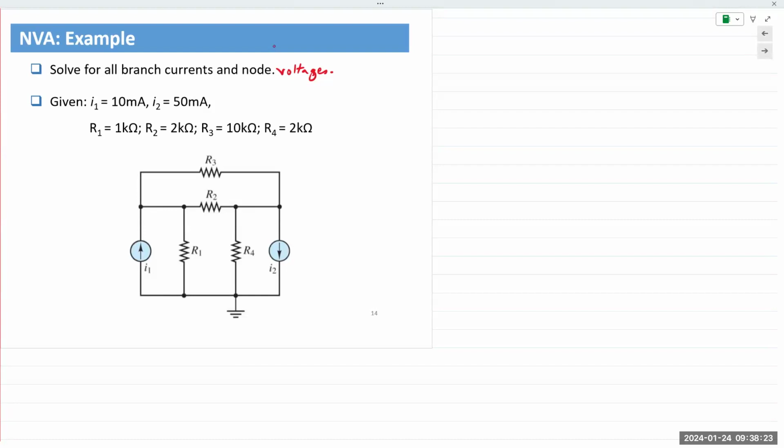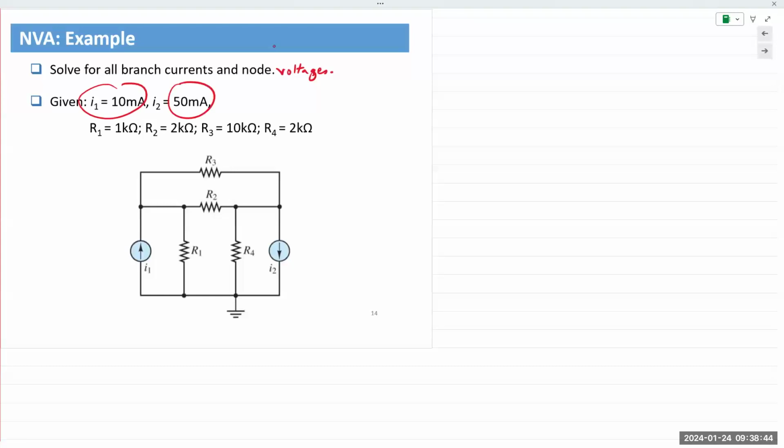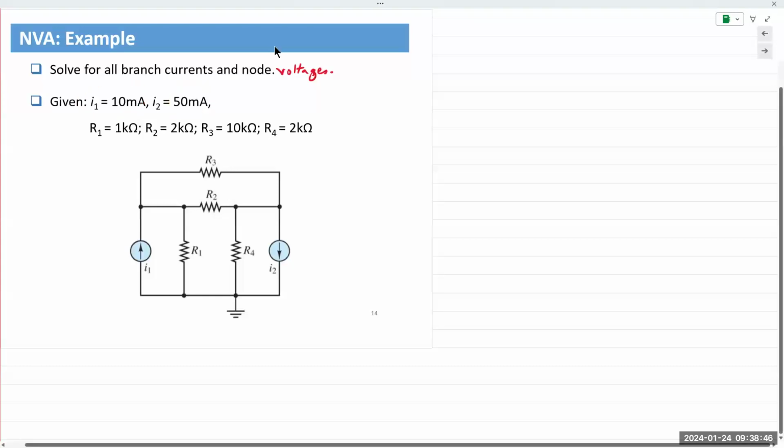You have two current sources in there, no voltage sources. Makes things easier actually, because we're writing KCL equations. So if we have current values in there, we already are halfway there, so to speak. Two current sources, one is going up, one is going down. Values for both are given to us, 10 and 50 milliamps. And then there are 4 resistors in the circuit.